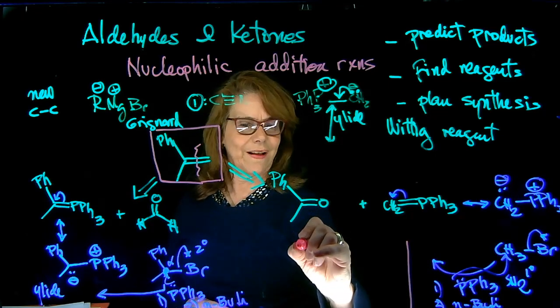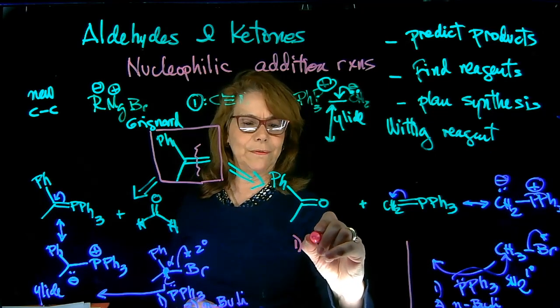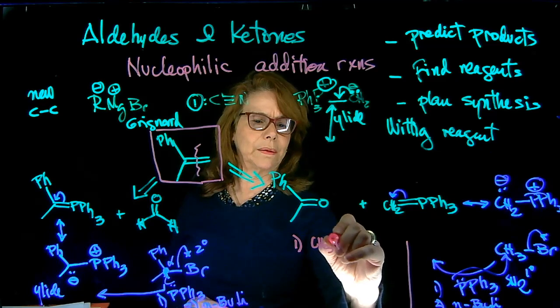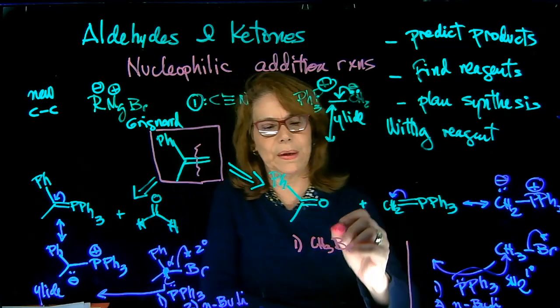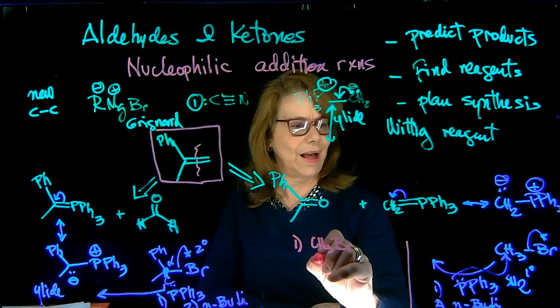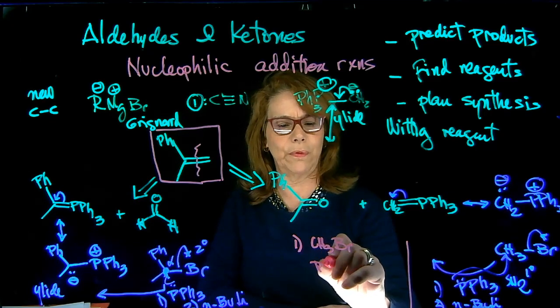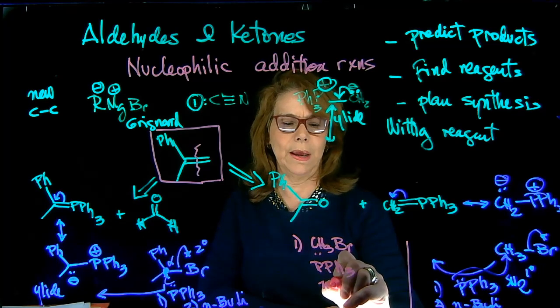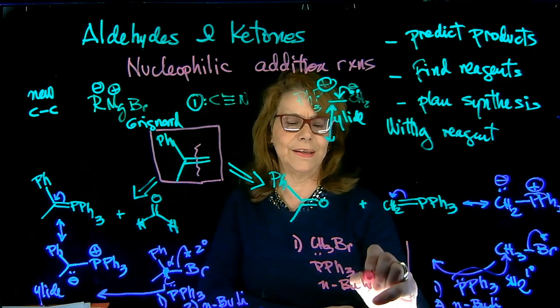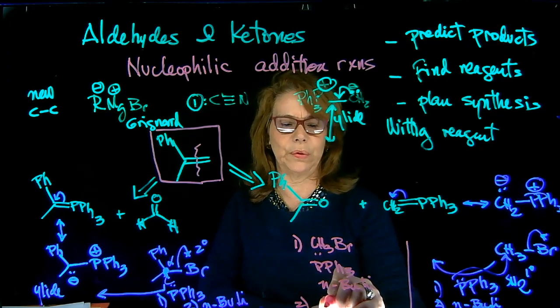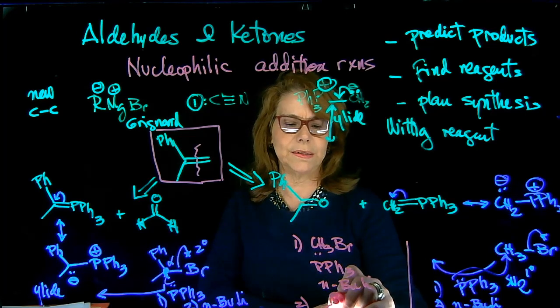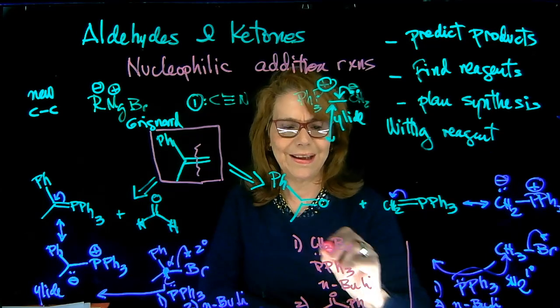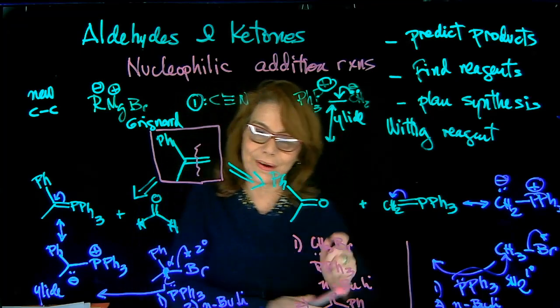So first, I'm going to make my ylide from methyl bromide, and I'm going to treat that with triphenylphosphine followed by butyllithium, and then I'm going to add acetophenone, and that gets the alkene. So that is the final strategy.